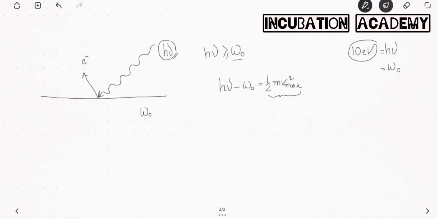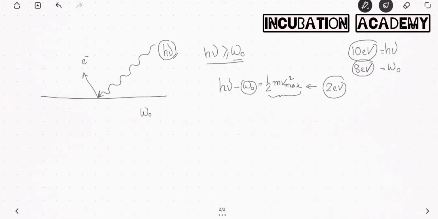If it is said to be 8 electron volt, then 10 electron volt minus 8 electron volt is 2 electron volt, and that 2 electron volt now becomes the energy of the electron with which it comes out from the metallic surface. Obviously from here it can be understood that as the work function is there, if h nu is greater than or equal to W naught, then the photoelectron comes out.